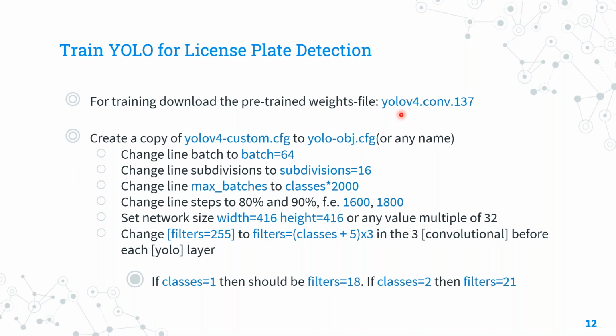We start our training with yolov4.conv.137 instead of the YOLO 4 weights. We have to change the YOLO 4 custom CFG according to our requirement, as we are using only a single class. So we need to mention how many classes we are going to use, the size of the network, width and height, and change the filters accordingly. Let's see how to do that.